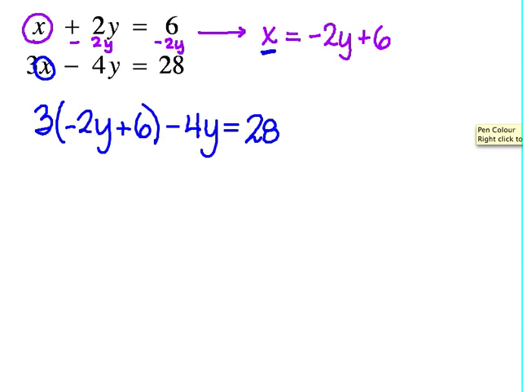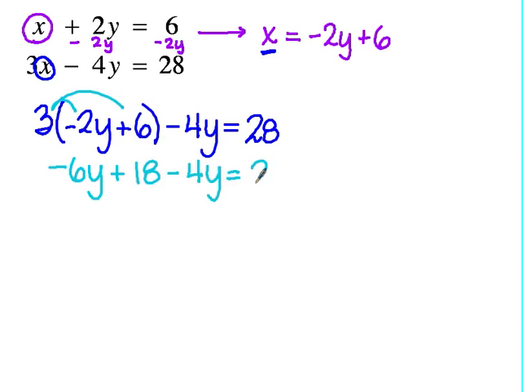What do you do now? Yep, distribute. Good call. And I get -6y plus 18, equals 28. What should you do now?